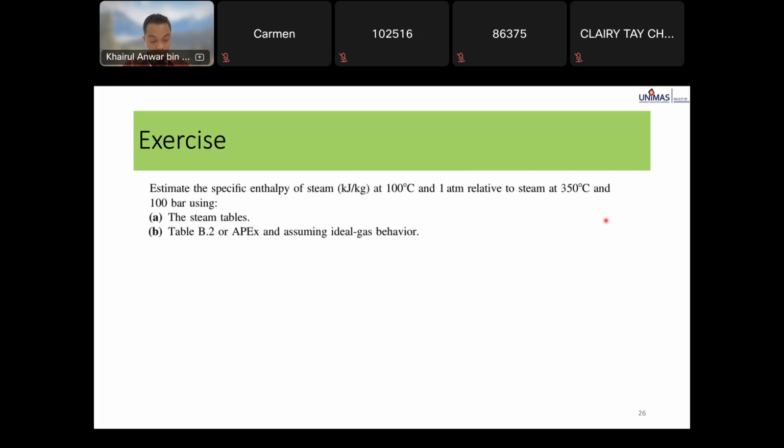Table B5, 100. Specific enthalpy. 1, 2, 3, 4. Oh, the last column. Yeah.